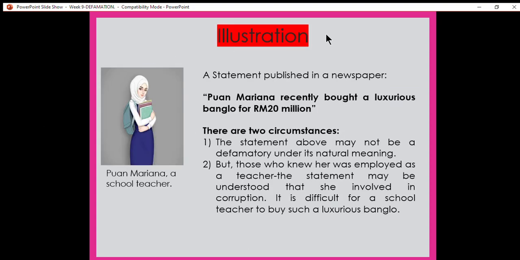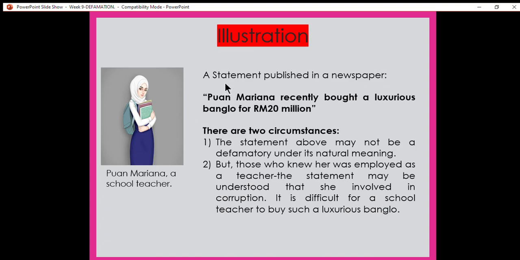Okay, I'll give you one illustration of how words can be defamatory in their natural and ordinary meaning. Look at here. We have Puan Mariana. Puan Mariana is a school teacher. One day there was a statement published in a newspaper regarding her.